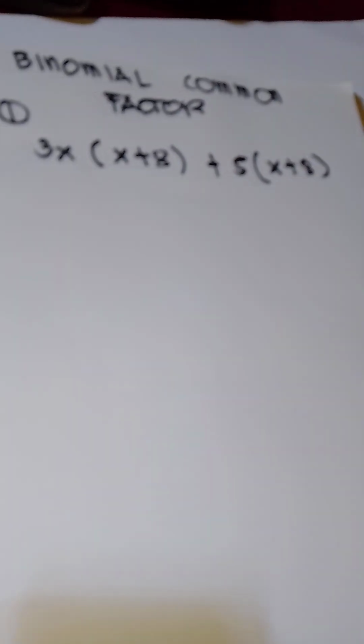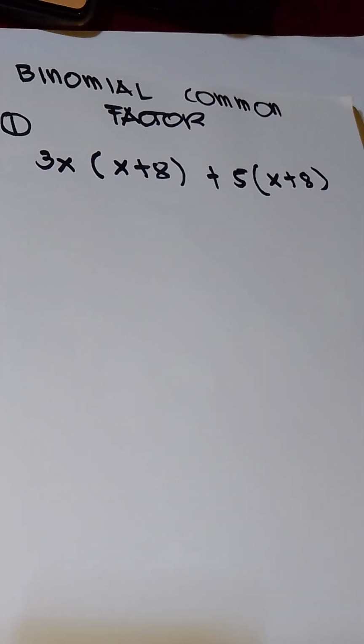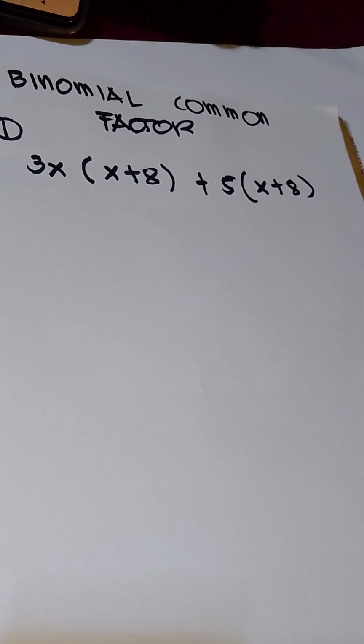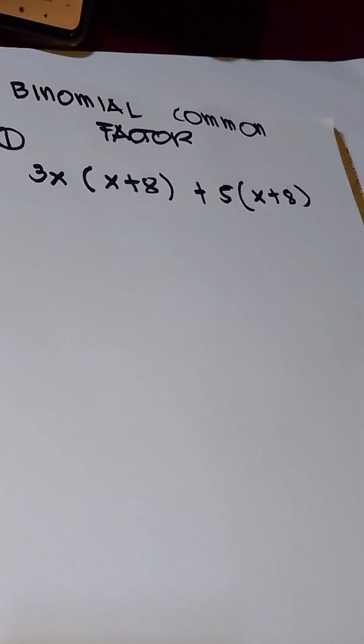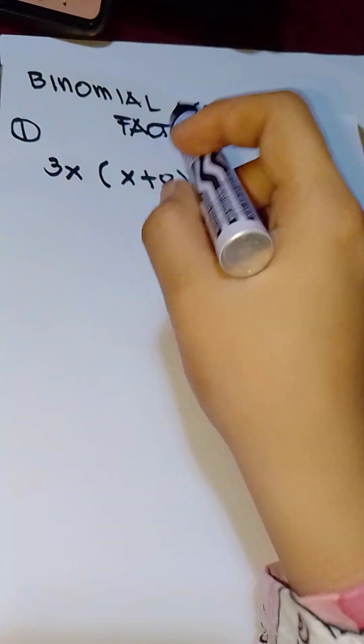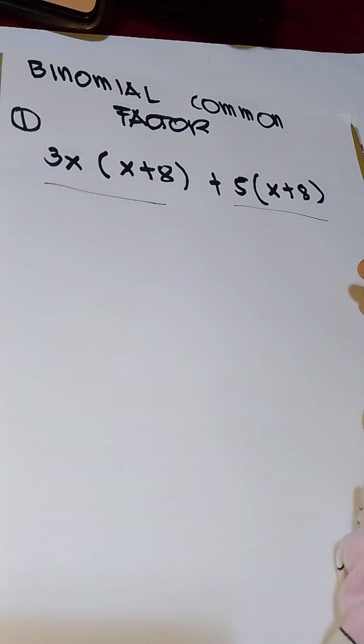Binomial common factors. For example, example number 1, factor if possible: 3x times x plus 8 plus 5 times x plus 8. We can consider 3x times x plus 8 as our first term, and 5 times x plus 8 as our second term.